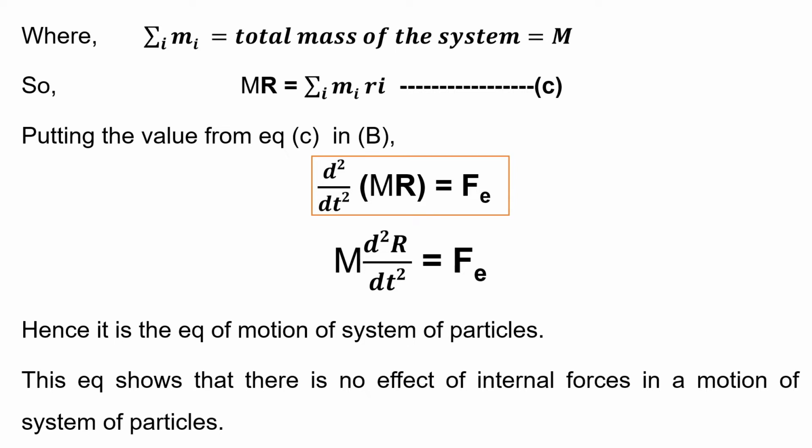That is similar to the equation for the single particle, which is F is equal to dp over dt is equal to small m d square small r over dt square for the single particle, and similarly for the system of particles it will become F^e is equal to M d square R over dt square, where we can see that in the total force there is no effect of the internal forces, as they cancel the effect of each other, and the whole equation has the effect of only the external force.